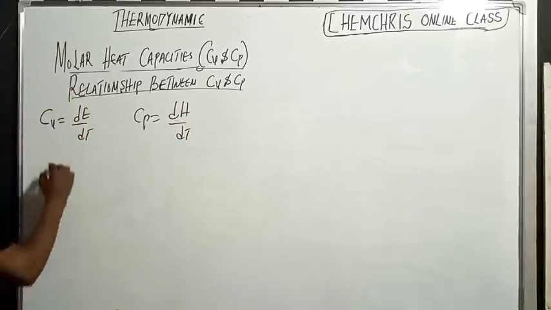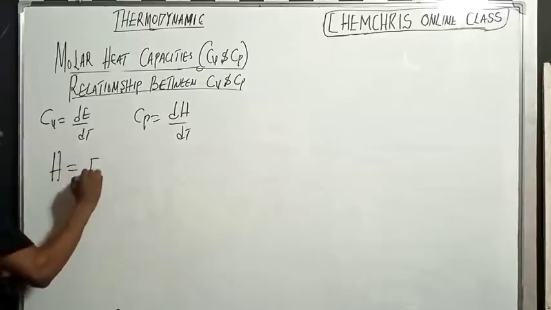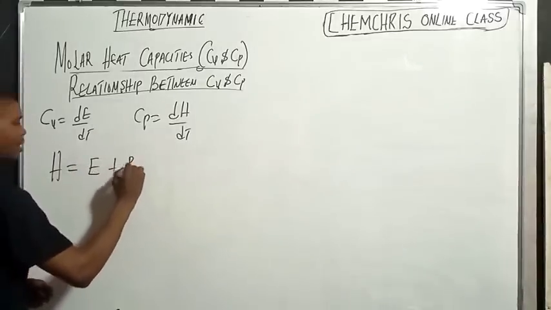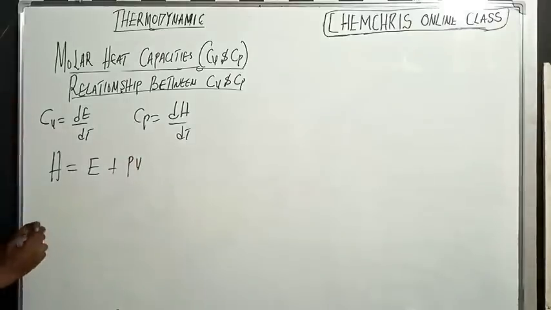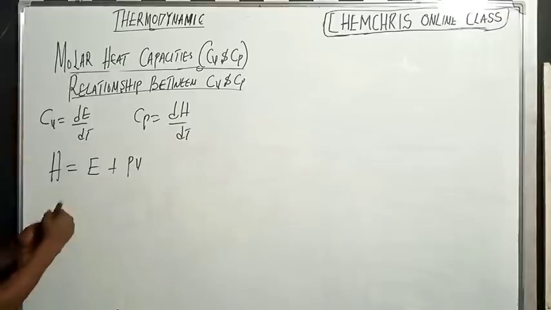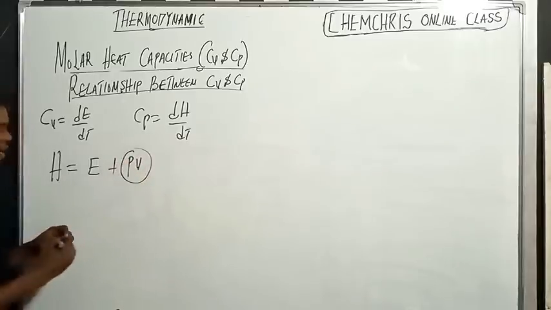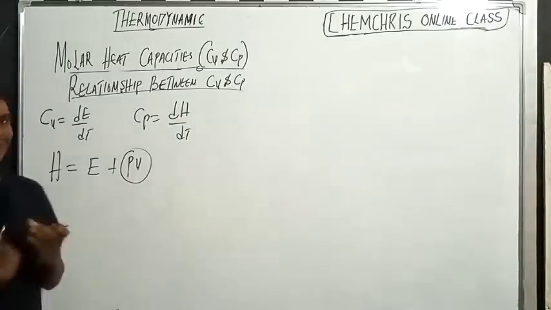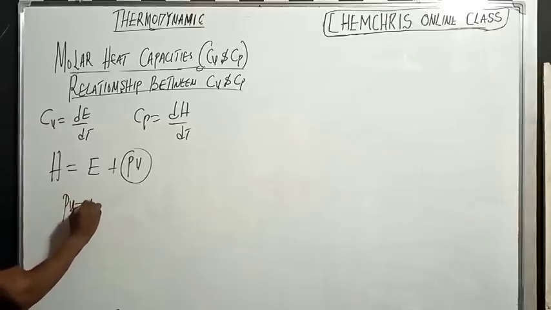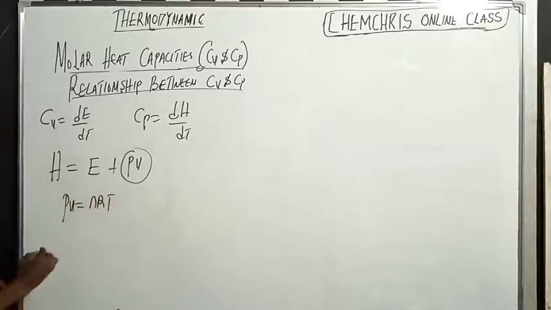Now, we know that enthalpy is equal to internal energy plus PV, right? Now, let's introduce something here. Remember, if you look at the ideal gas equation, here we have PV equals nRT, right?